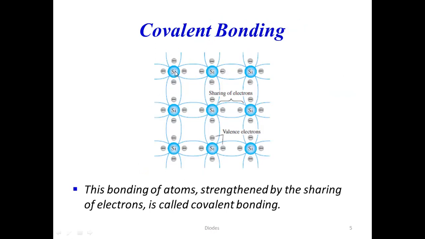For every atom, there are 4 outer electrons in the outermost orbit, and they are making covalent bonds with other 4 electrons. So it is the purest form of semiconductor. All silicon atoms are there. If I add some impurity in the semiconductor, then it will become an extrinsic semiconductor.